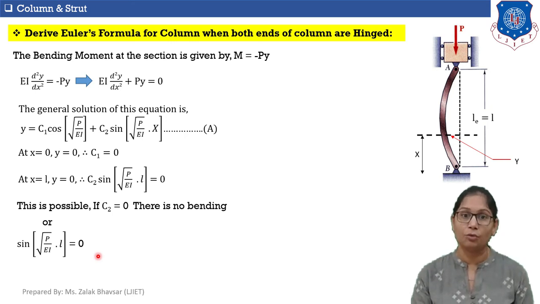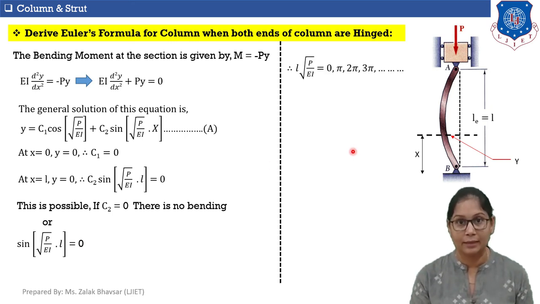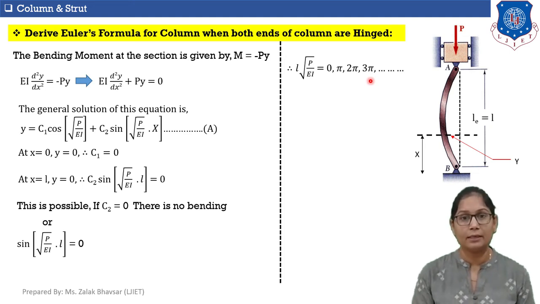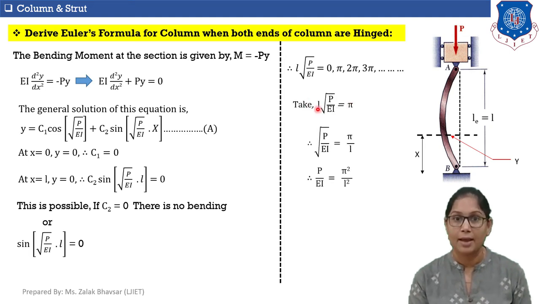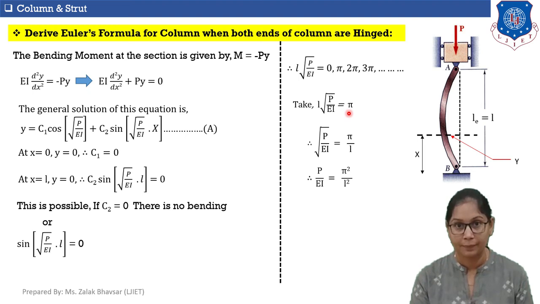Now this is only possible when L into √(P/EI) is either 0, pi, 2 pi, or 3 pi as well. Let's take the least significant case, L √(P/EI) equal to pi.